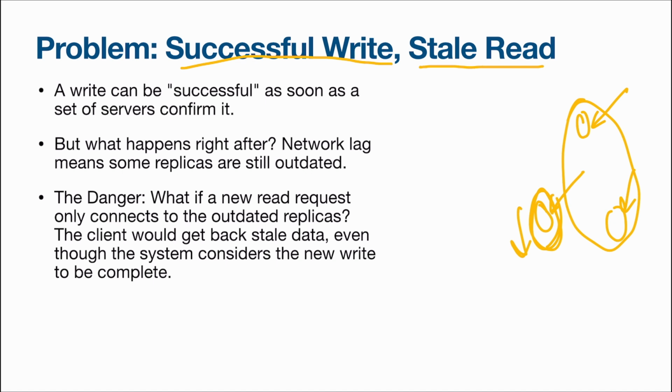When we try to read data, and if we just read from one server, we might read from the out of date server, and that will give us stale data. This problem is called stale read. Even though the write was successful because two servers accepted it, the read is stale because unfortunately we read from the out of date server.